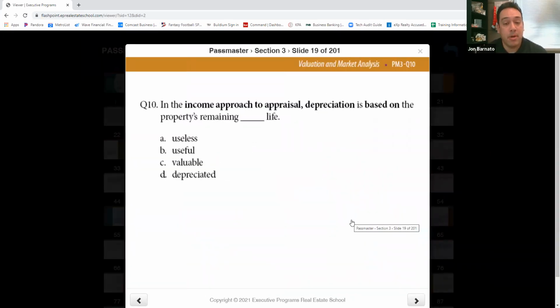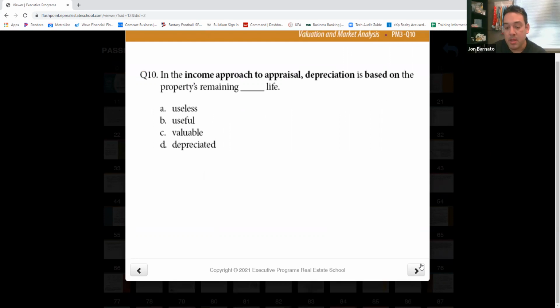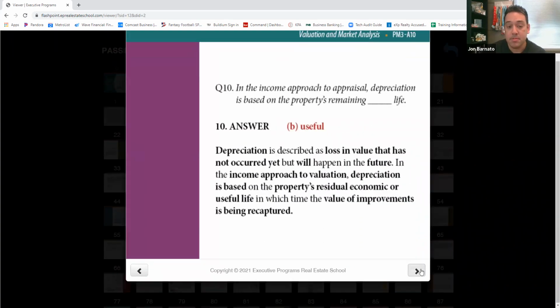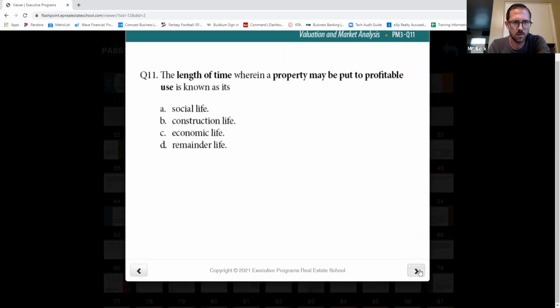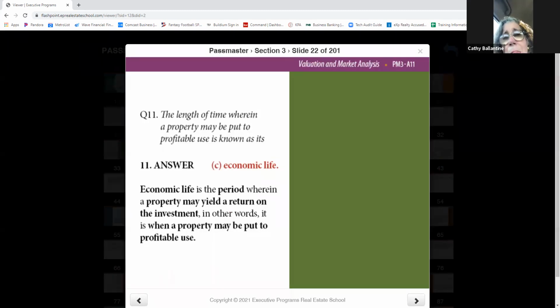In the income approach to appraisal, depreciation is based on the property's remaining what life? B, useful. Yep. Useful life, correct. The length of time wherein a property may be put to profitable use is known as its what? C, economic. Correct.